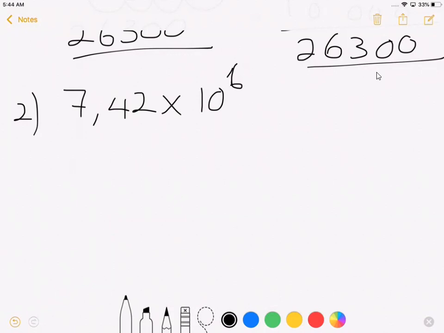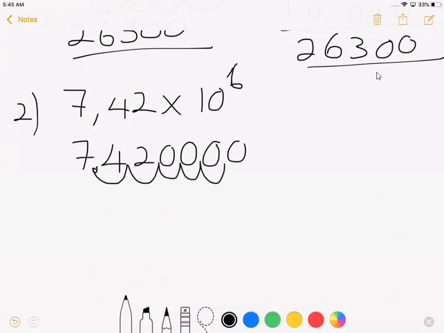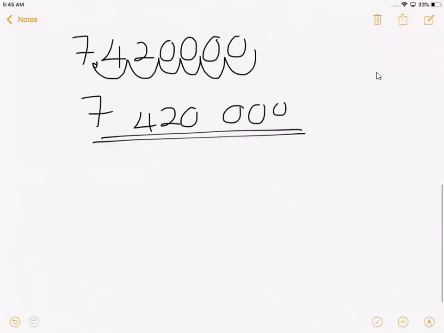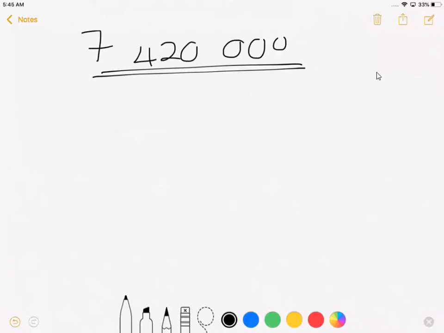So 1, 2, I'm short of 4, so there are going to be 4 zeros. 1, 2, 3, 4, because your comma is here. So it needs to move 6 places to the right. 1, 2, 3, 4, 5, 6. Where there are no numbers, you put zeros, which is equal to 7, 4, 2, 7 million, 420,000. 7,420,000.